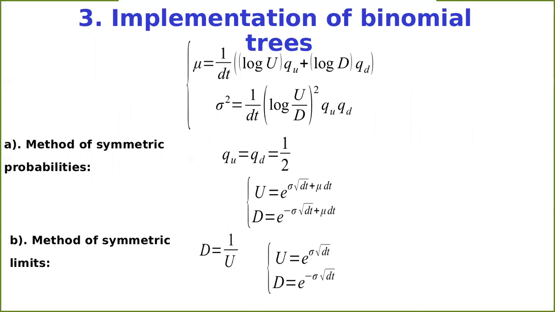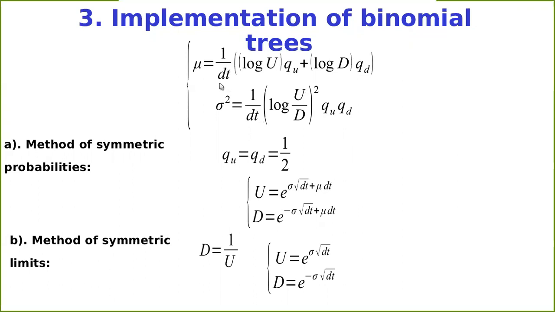And the third part of this lecture, it is our aim, is the implementation of binomial trees. So we found the mathematical expectation and we found the variance for log returns.